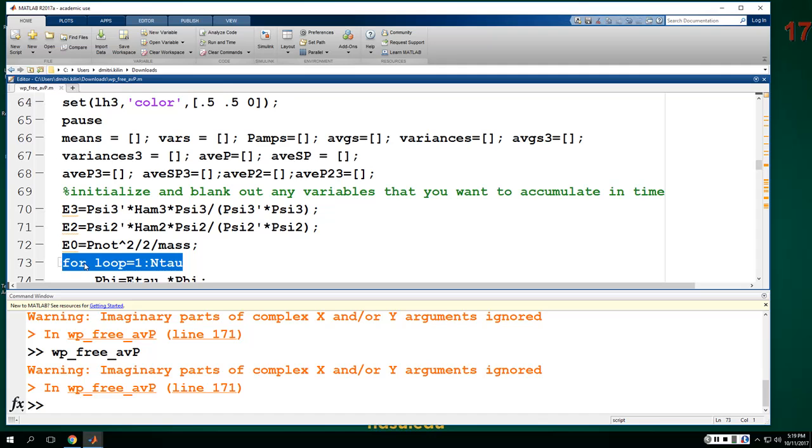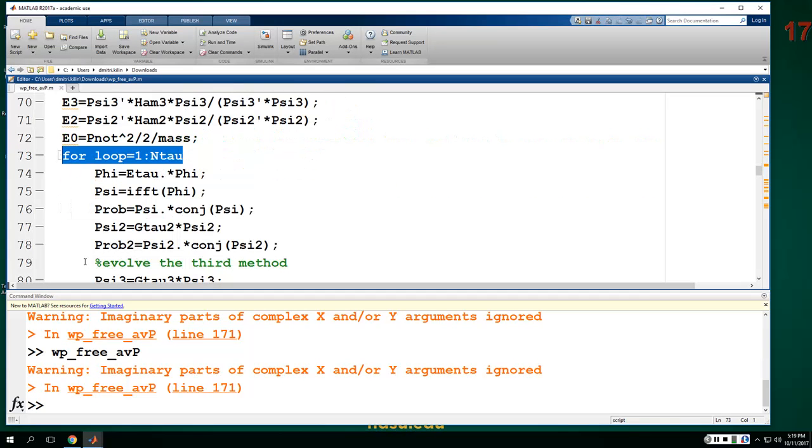So number 73 is the beginning of the loop. If you look at the first line of the declaration of the loop and the fourth line after the declaration of the loop, you will see psi 2 equals something that is called E tau times psi 2, right?